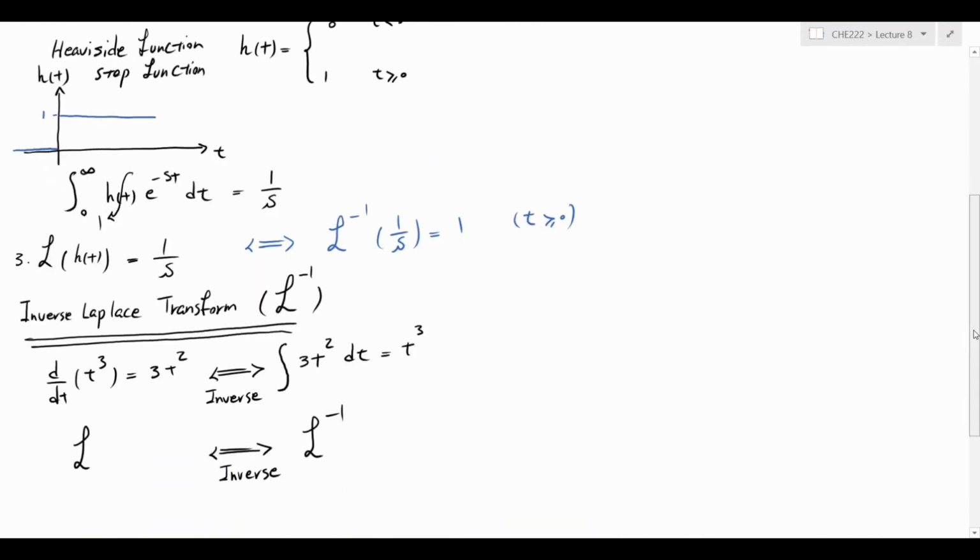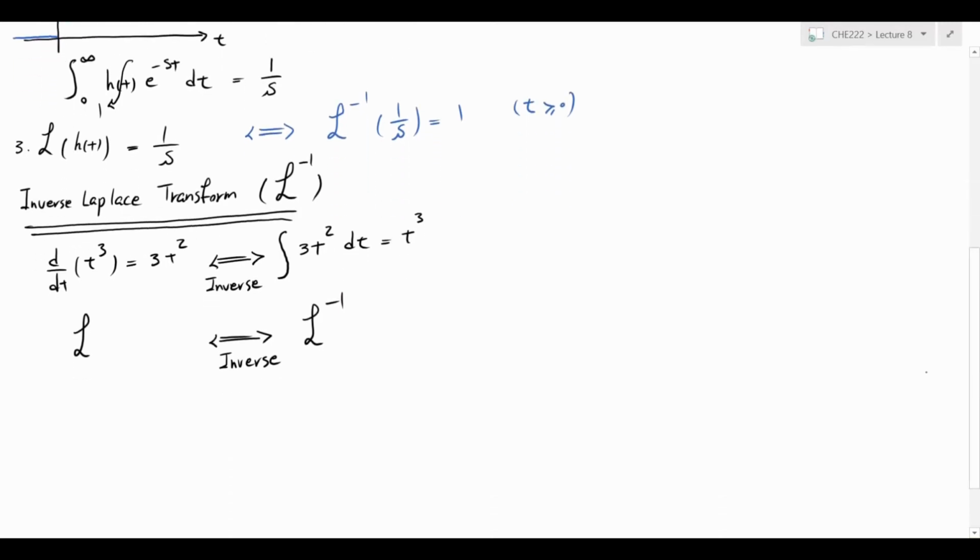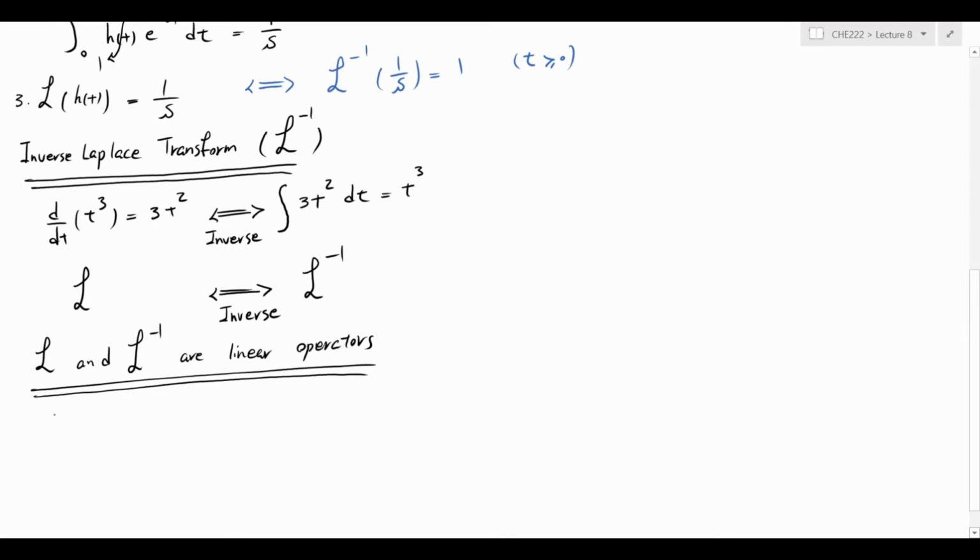Finally, another important topic that we need to know in the context of the Laplace transform and inverse Laplace transform is that these two operators are linear operators. It means that they satisfy the principle of superposition.